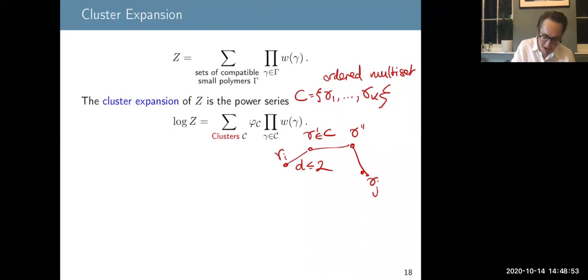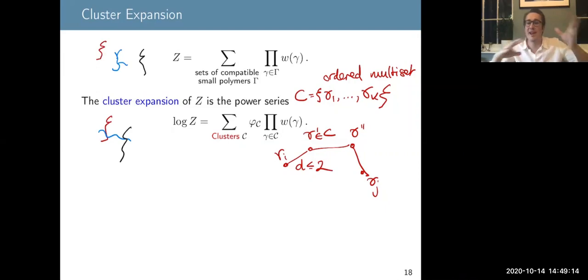Maybe it's best to draw a picture. So a set of compatible polymers look like this, maybe. We have some collection of graphs that are mutually very far away in the graph. But a cluster looks like this. You have some collection of polymers which themselves form like a connected graph when you look at their union. So it's like a polymer of polymers.